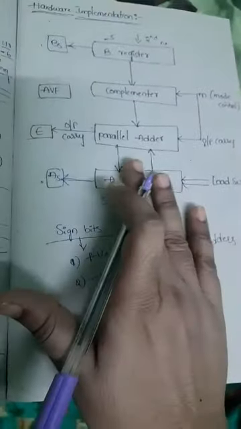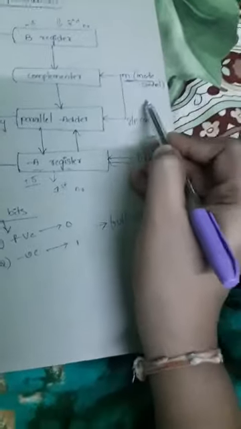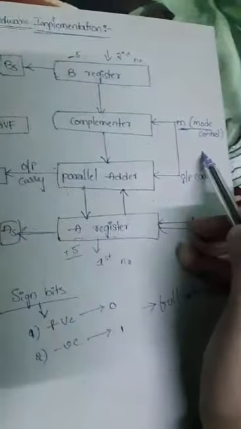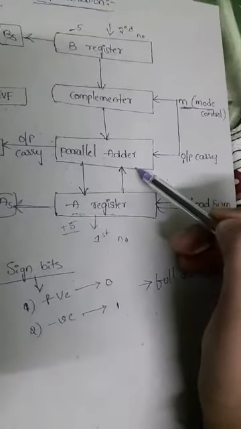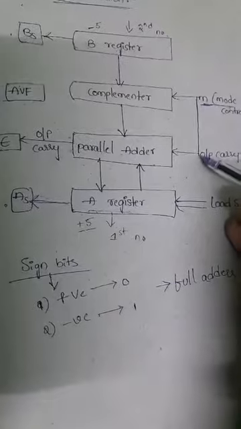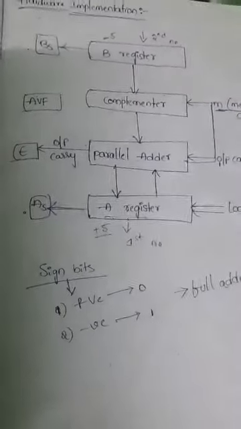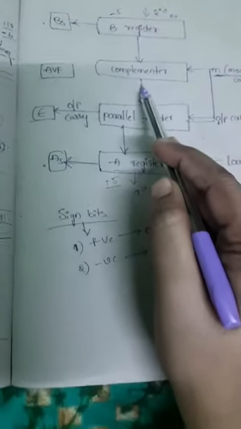Now coming here, we have to supply a mode bit. M is the mode bit, which we can call the mode control. It is given as an input to the parallel adder. We also have one more thing, the complementer block.